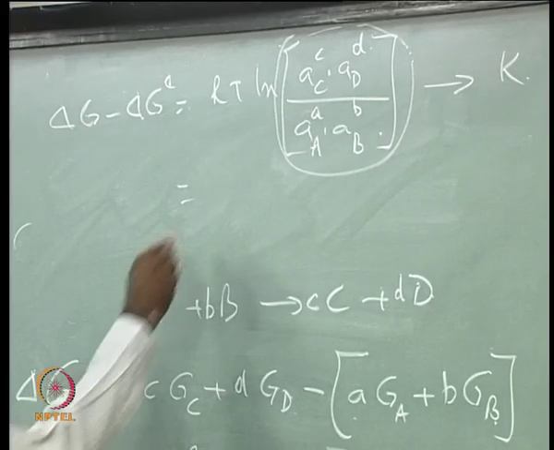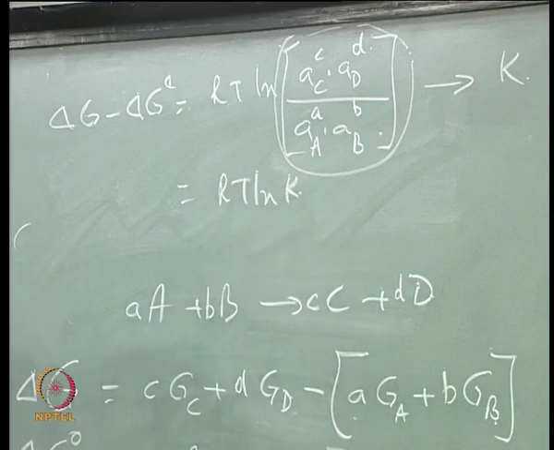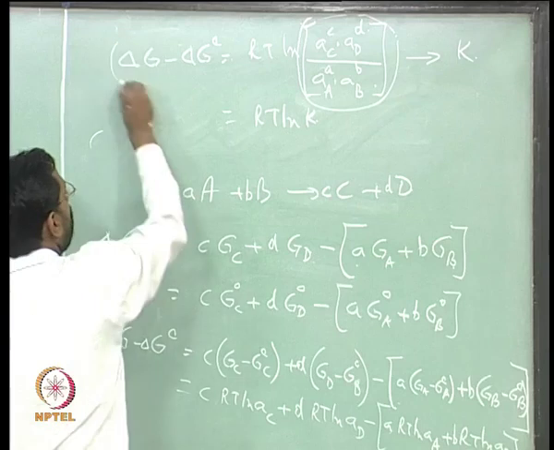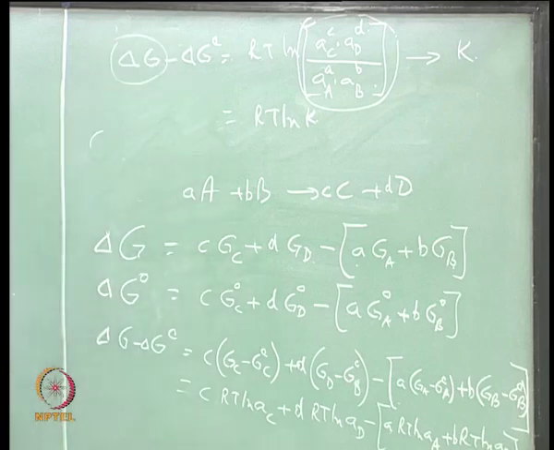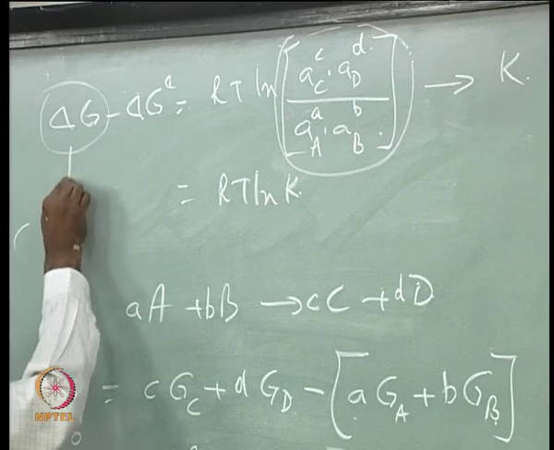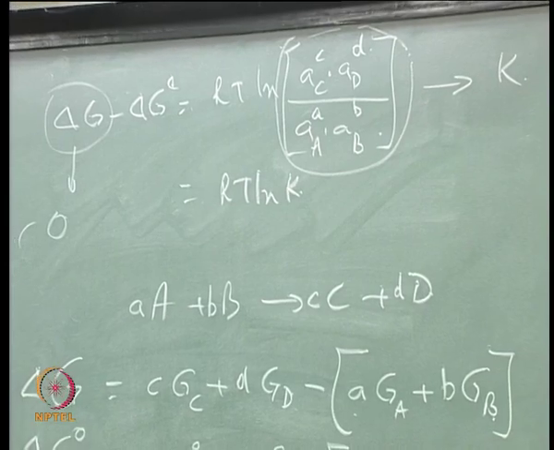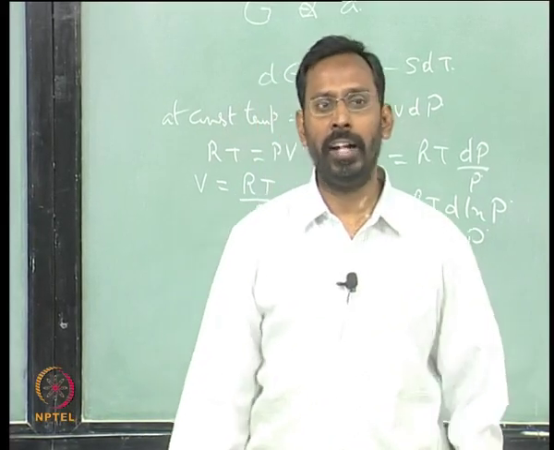So I can write this as RT ln K, and if this reaction is taking place under equilibrium conditions, if there is equilibrium established between the reactants and the products, then this delta G is 0. Whenever there is an equilibrium between anything, as we have seen with liquid to solid transformation, delta G is 0.